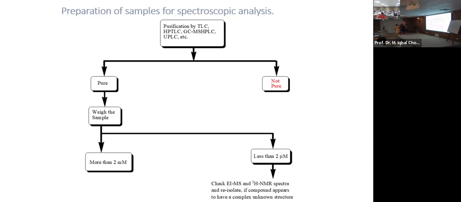In the case of UV, IR, or mass, even 0.1 milligram is enough. I'm not talking about 1 milligram, just 0.1 milligram. But you will definitely be consuming your compound using mass spectroscopic analysis. So you need a few milligrams of the compound if you would like to proceed further.